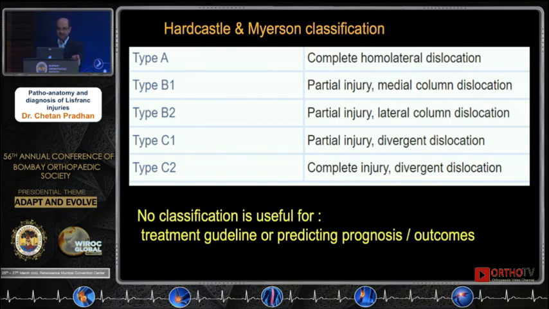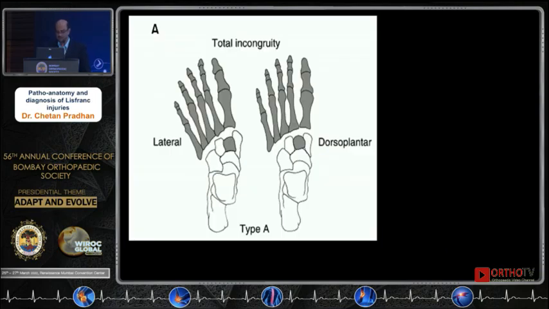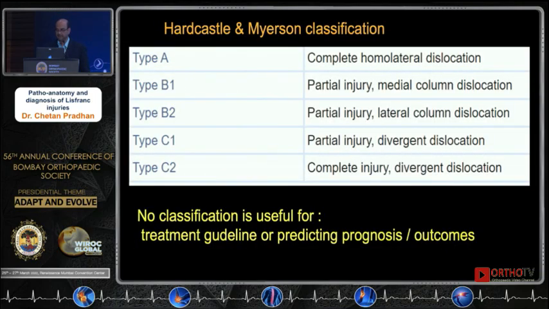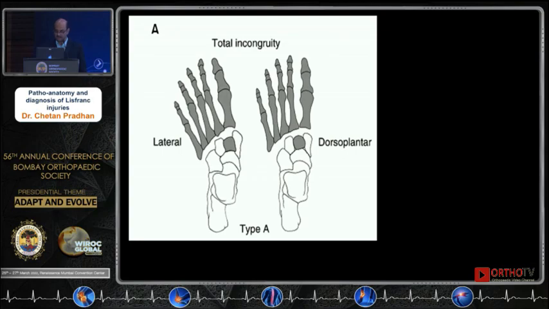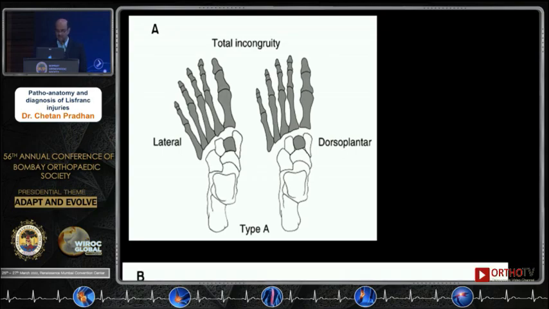There are multiple classifications. Unfortunately, no classification is useful for treatment guidelines or predicting the prognosis and outcomes. The most commonly used is the Hardcastle and Myerson classification, where you have type A, which is a complete homolateral, either medial or lateral, or dorsoplantar.